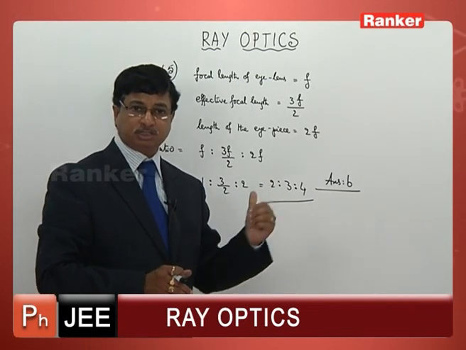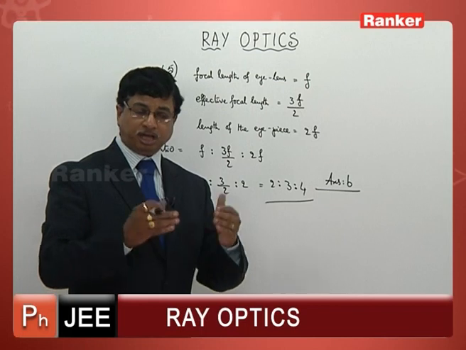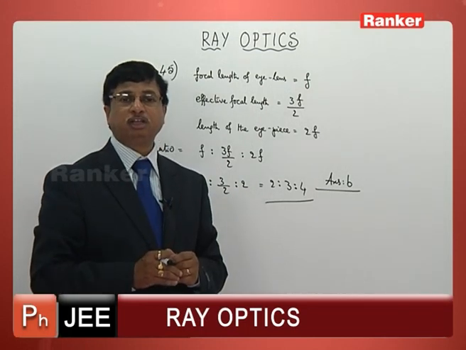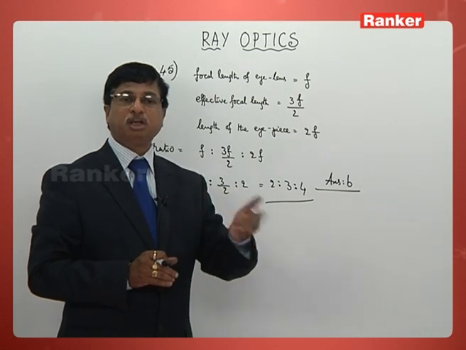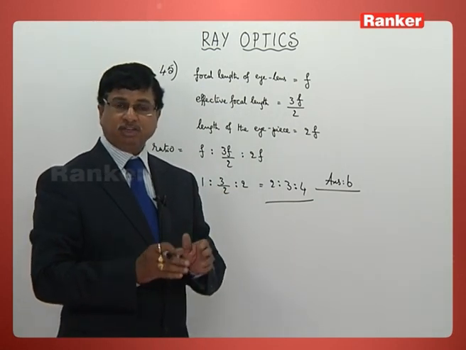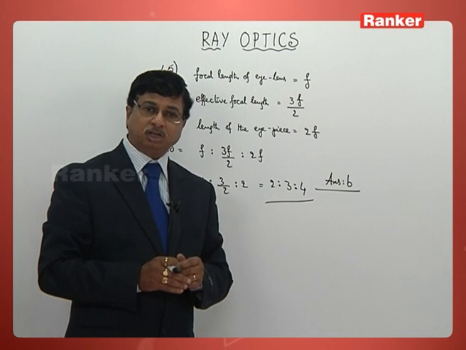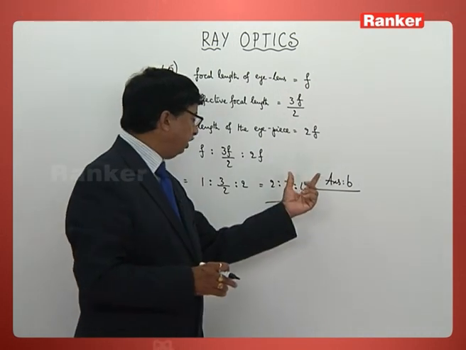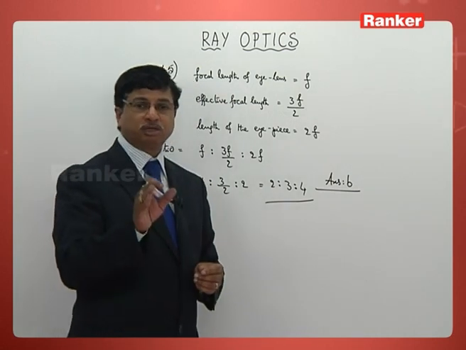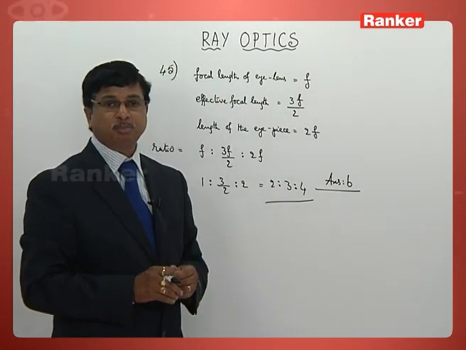If the distance of separation is equal to the average of the focal lengths of field lens and eyelens, then you can minimize chromatic aberration. If it is equal to the difference between the focal lengths, then you can minimize spherical aberration. So both the aberrations are minimized in this particular eyepiece, that is Huygens eyepiece.